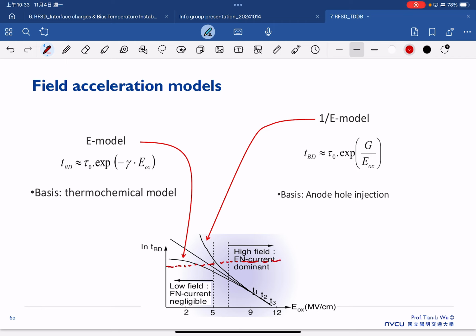Our target in extrapolating lifetime is always to make sure our TBD is more than 5 years or even 10 years, depending on the application. So in any case, you cannot possibly verify the result here, because it takes 5 years of stress, or 10 years of stress. What people usually do is stress at very low voltage.